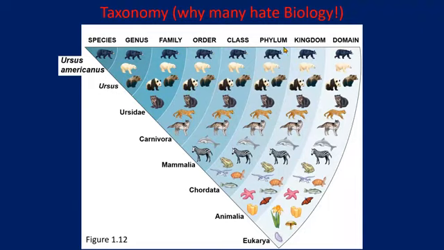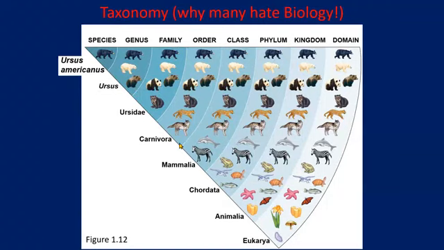In this taxonomy, you see the polar bear, and the biological name is Ursus americanus, and within that genus you can see different bears, polar bear and some other bears, and the family will have different bears.